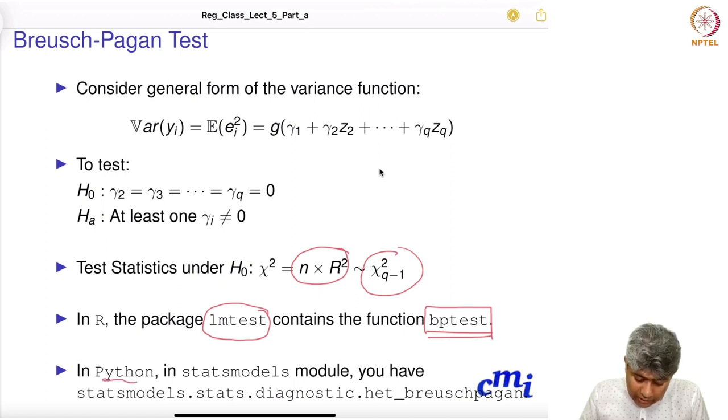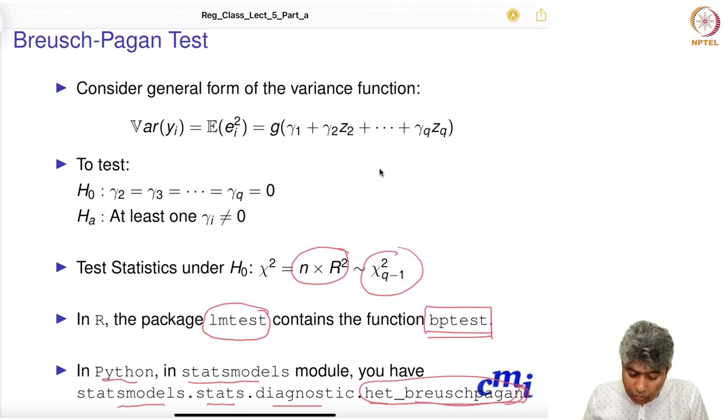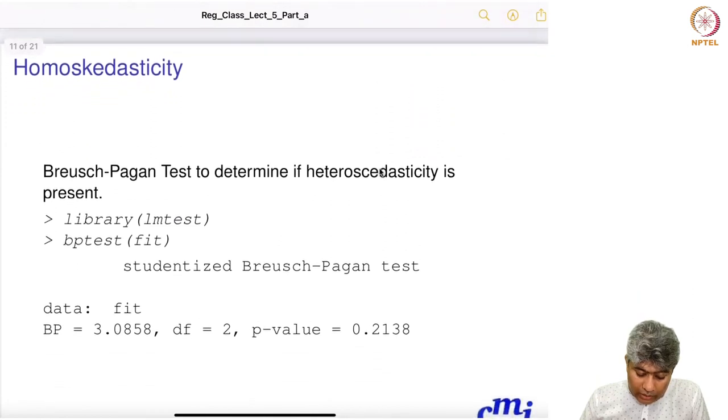In Python, from the statsmodels module, you call stats, then diagnostics, het_breuschpagan, which stands for heteroscedasticity, Breusch-Pagan. So the Breusch-Pagan test is available in Python also. Either you can use Python, or you can use R. Either way, you can run the Breusch-Pagan test, and it should give you the same thing.